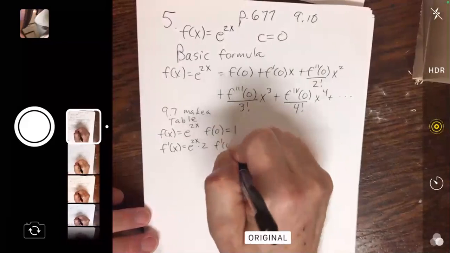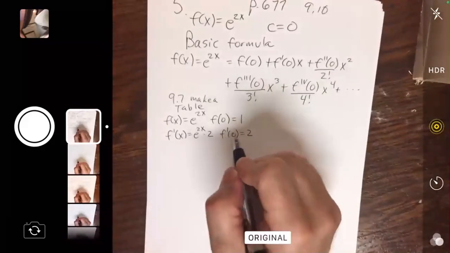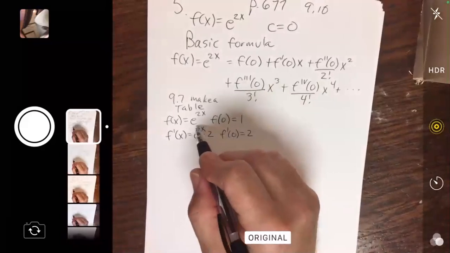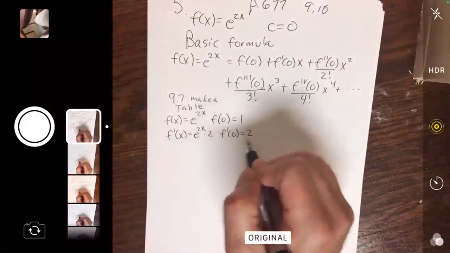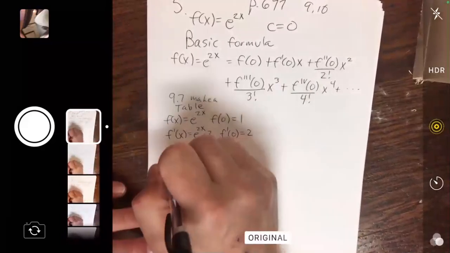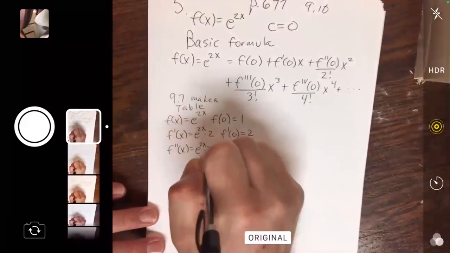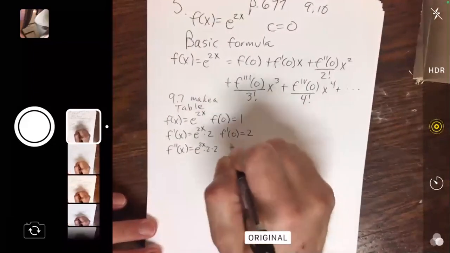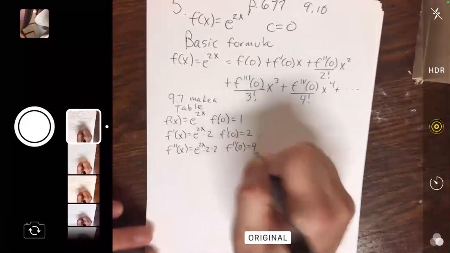Your f prime of 0 would be 2. The e to the 0 is going to appear in every derivative. It will be 1 when I plug in 0, and you'll wind up with this chain rule term for your derivative value. It is e to the 2x times 2 and then times 2 again. So your f double prime of 0 is going to be 4.